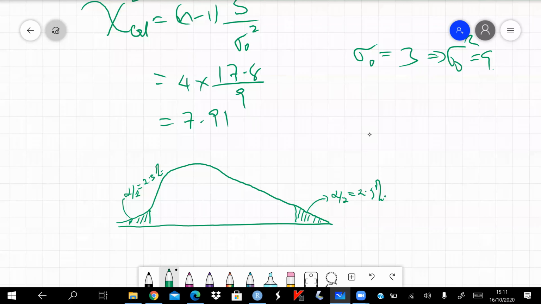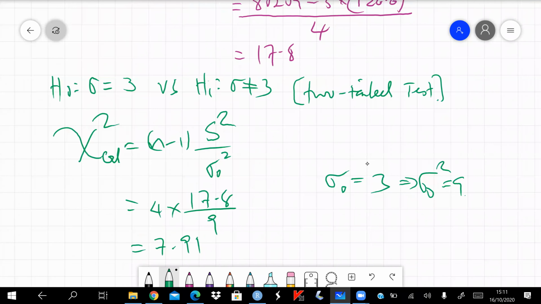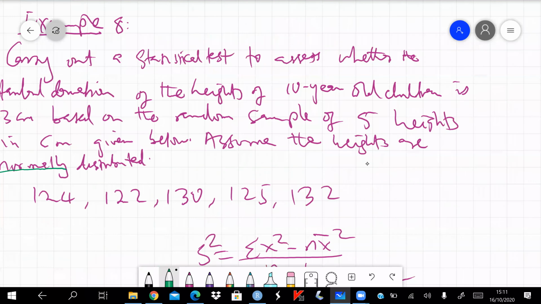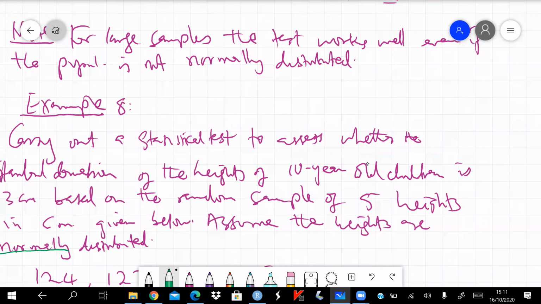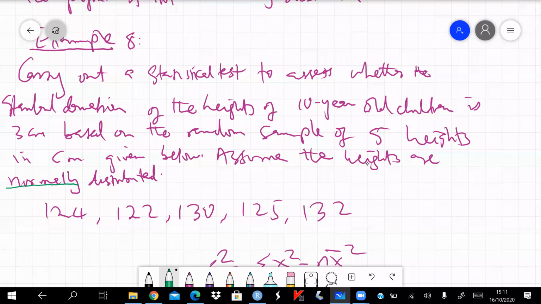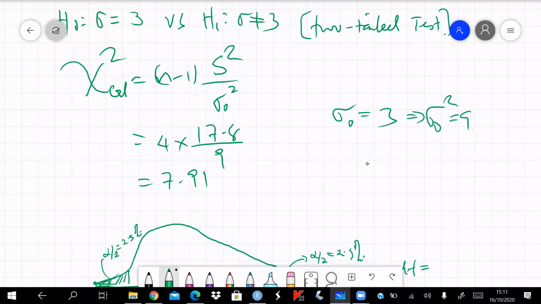I want us to use the tables to obtain the critical values. The degrees of freedom will be 5 minus 1, which is 4 in our case.